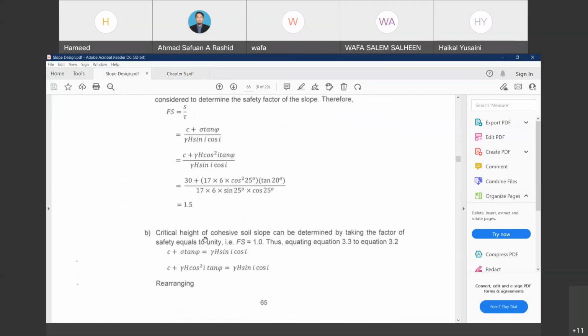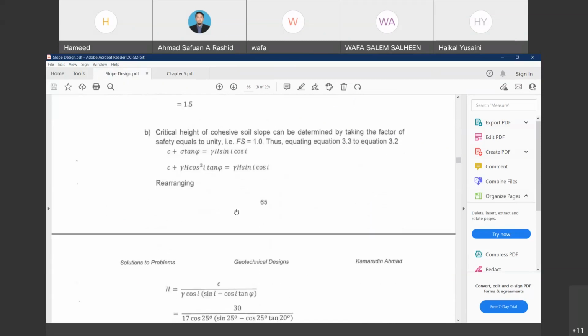The critical height of the cohesive soil can be determined by taking the factor of safety equal to unity, which is factor of safety equal to 1. So we equate equation 3.3 to 3.2, where this is the S and this is the tau. Both equations have the H parameter on the left and on the right, so we need to rearrange.